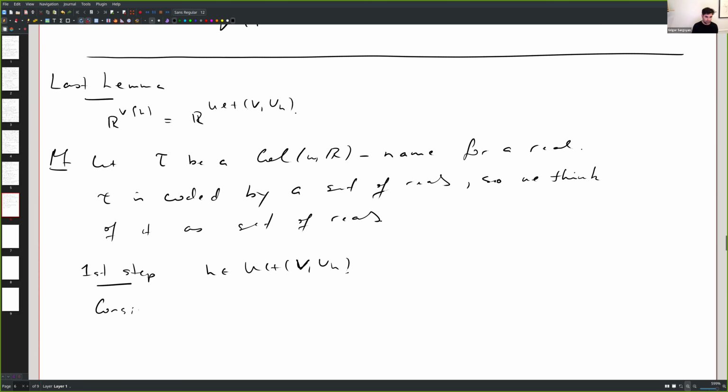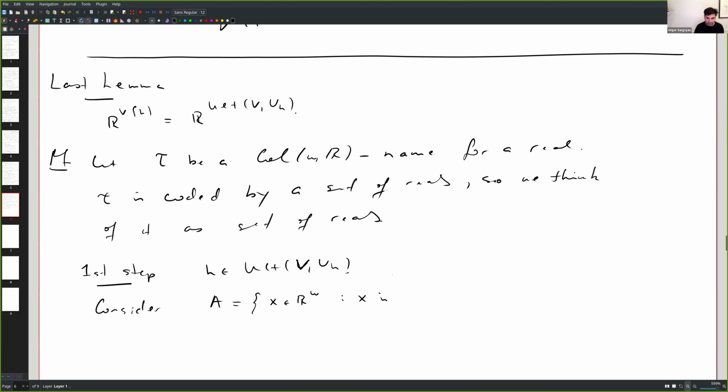So consider the set A, which consists of X in R omega, such that X is... I want to look at those X's such that there is a club of... yeah, just look at the identity function.